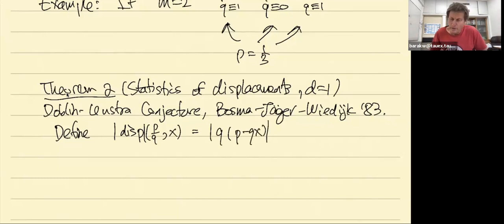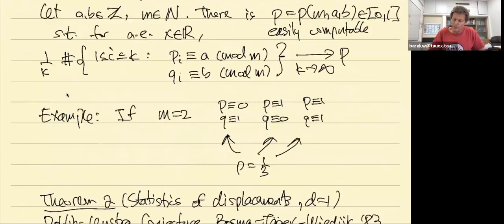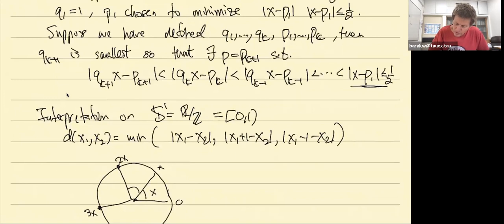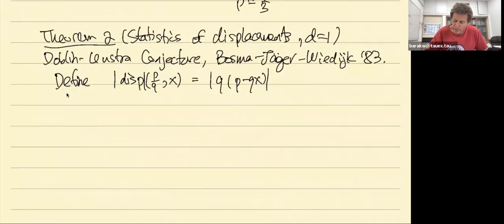Okay, so what am I doing here? If you recall, I'm choosing my p's and q's such that this quantity is small. So clearly this quantity is going to 0. And now I'm rescaling by multiplying by q. So it makes it larger. And the question is, what kind of number do I get?